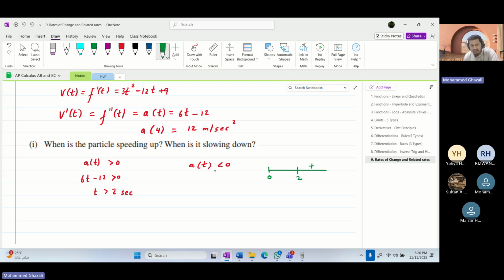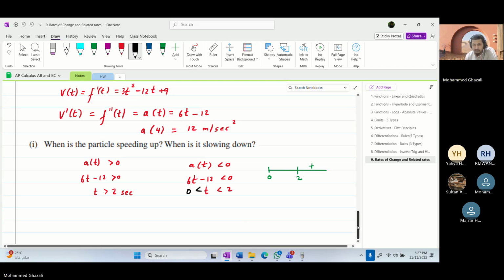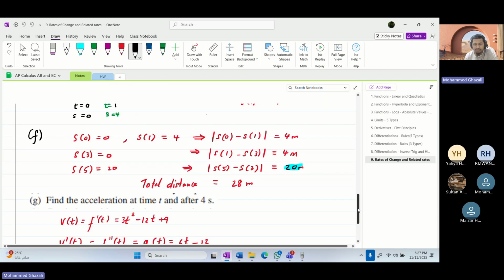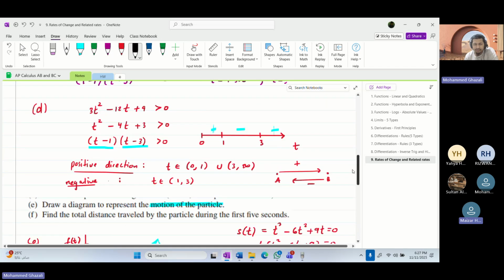You're going to get an answer which is less than 2, but you can't keep the answer like that. 6t minus 12 is less than 0, and it says t is less than 2, but you can't say less than 2 because you have a restriction, it's time. I can't say the value of t is -1. So that's why I say from 0 to 2. What's happening from 0 to 2? It is slowing down. Between 0 and 2, acceleration is negative. Acceleration can be negative.